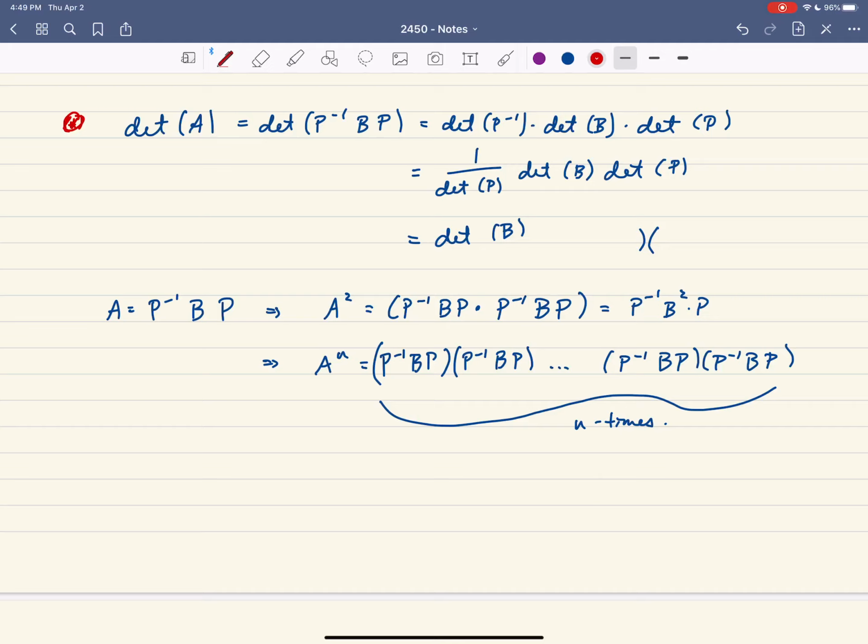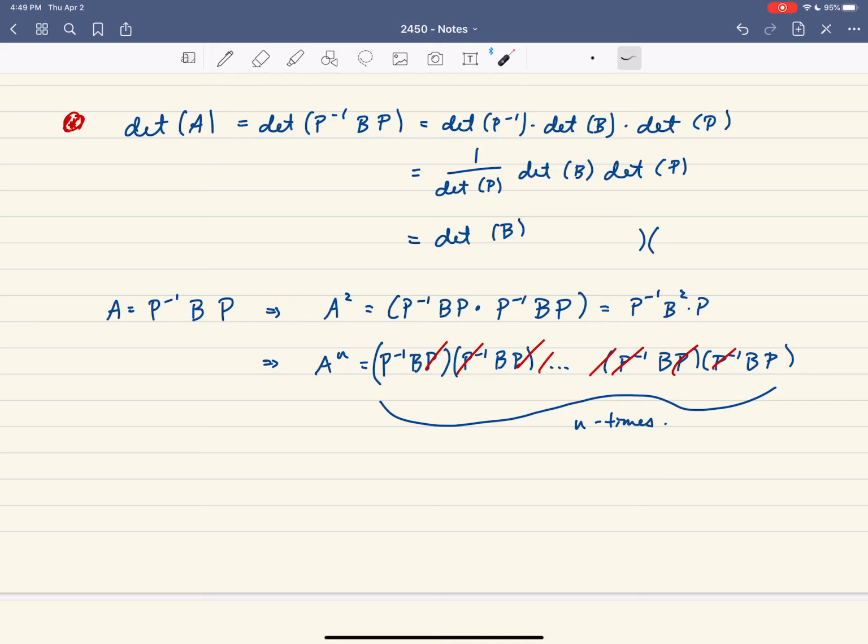We know by associativity we can basically get rid of all of the parentheses. We know that if I take P times P inverse, those will cancel. So all the inner P and P inverses, I'm assuming that there are some missing P and P inverses where the dots are, all of those cancel.